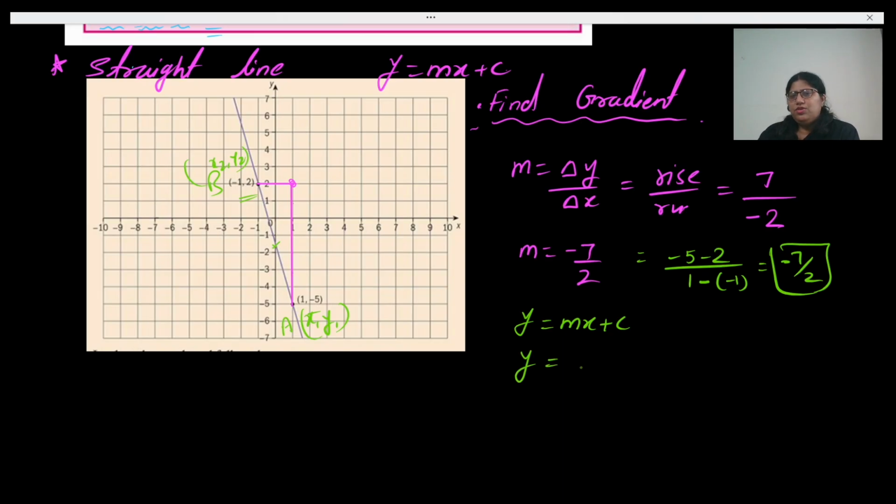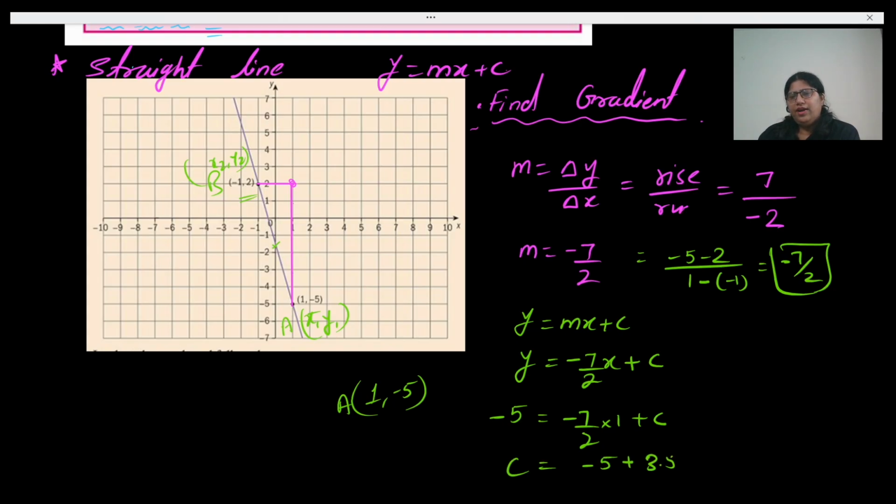So if I substitute the m value, minus 7 by 2 x plus c, and take 1 and minus 5 as the coordinate A, substituting here, it is minus 5 equals minus 7 by 2 times 1 plus c. To get the value of c, minus 5 plus 3.5, which is nothing but minus 1.5. You can see here also, when you see the graph, y-intercept is at minus 1.5 or minus 3 by 2.